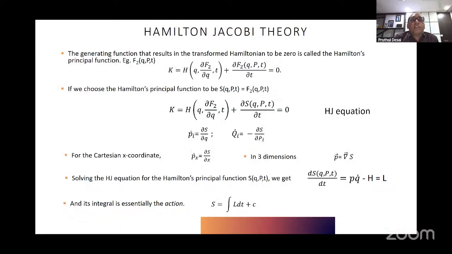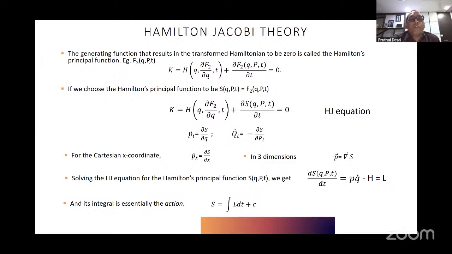Now, this theory was well known to Schrodinger at that time. So we all know that if you take a transformation with a generating function, say F2, which is a function of q and capital P and t, then K will be written in this particular form.